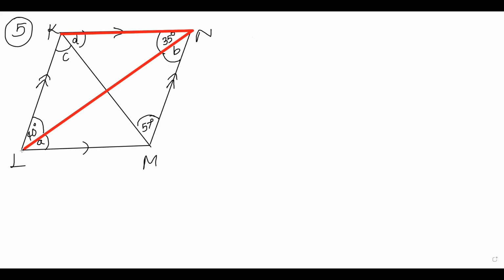According to this one, this angle and this angle should be equal. So A should be 35 because this is alternate angle, no? These alternate angles.